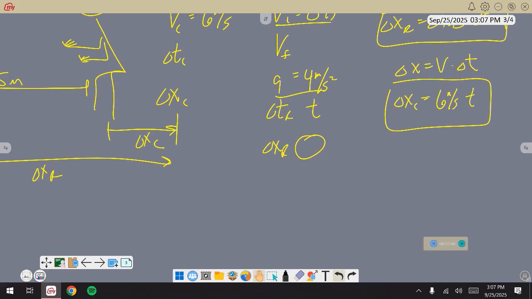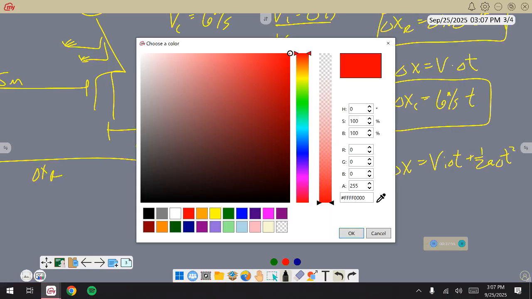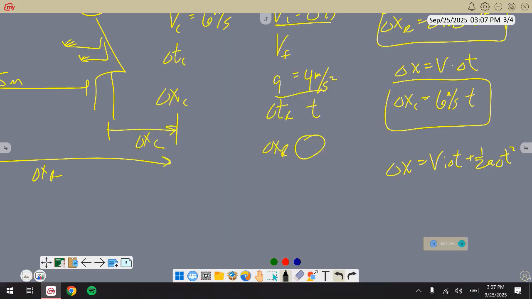Now, whenever I do this, I always get a little bit weary. The reason is that students see me use the exact same equation and they go, oh, I always use that equation. So let me put a small pause on this. I'm going to use a different color entirely because you don't even need to write this down, but I want to show you. What if this problem was different? If the problem, instead of telling you that his acceleration was 4, told you he hit his max speed the moment he caught Chris, and his max speed was 20 meters per second.